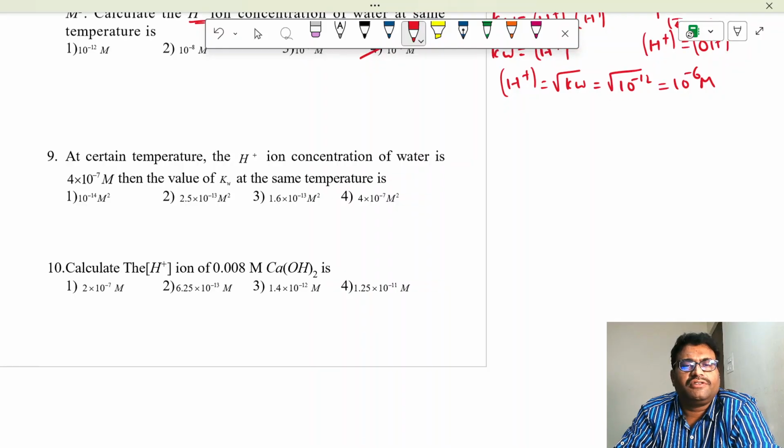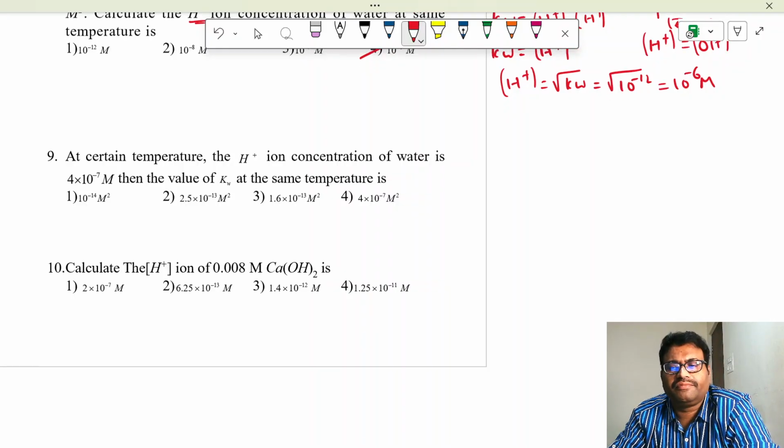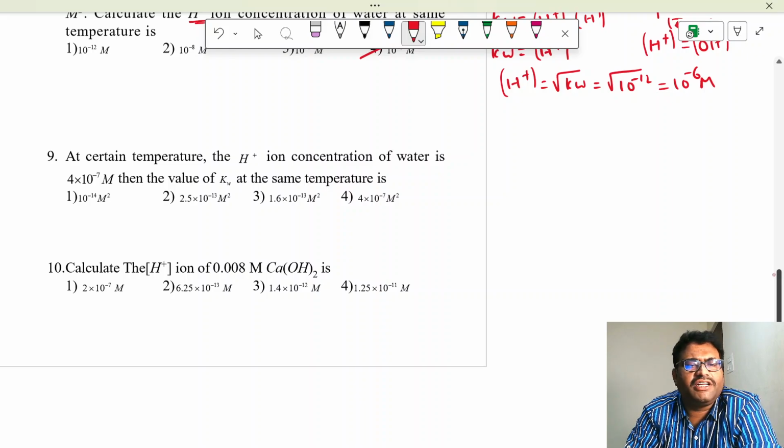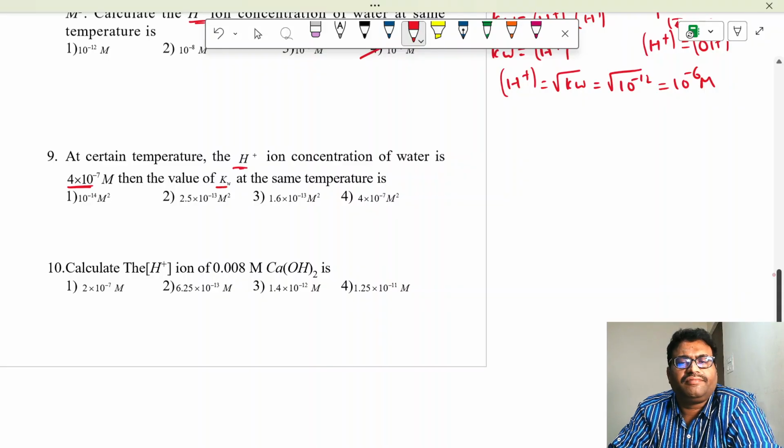Understood? Next, coming to: at a certain temperature, the H plus ion concentration of water is 4 into 10 power minus 7 molar, then the value of Kw is? Now, we have only seen that at a particular temperature for water, Kw is equal to H plus ion concentration square.